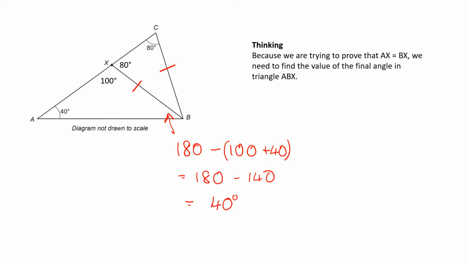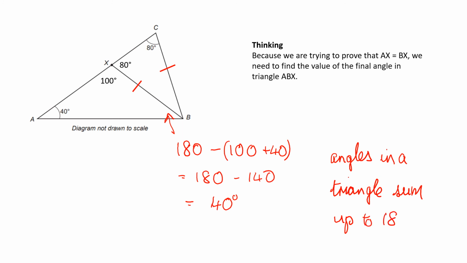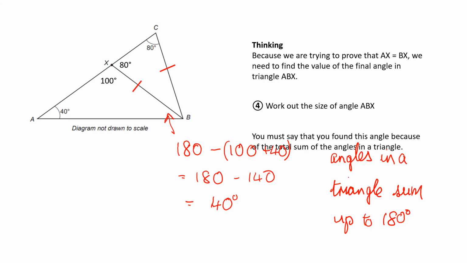And we state that the fact we've used there is that angles in a triangle sum up to 180 degrees. So we've worked out the size of the angle, and we've said that it's because of the angles in a triangle.